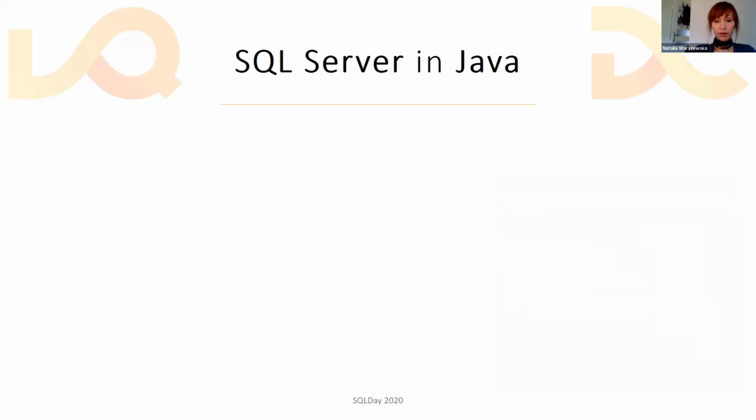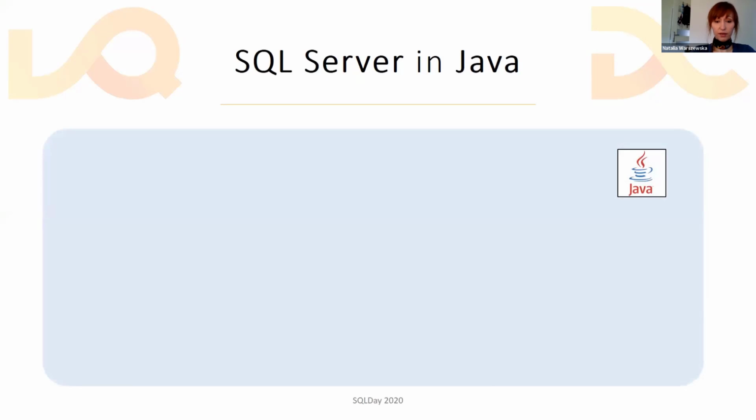Before we go to the main topic of this session, I would like to refresh your knowledge regarding SQL Server in Java. To let Java communicate with SQL Server, we need a couple of requirements. First, which is nice to have, is a Java IDE.